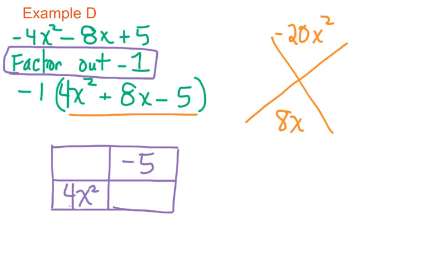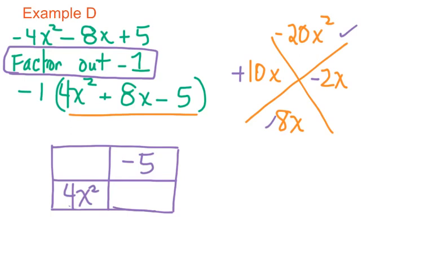I'm looking for two factors, which I know are going to be 10x and 2x. However, I need to put my signs in correctly, which means I've got negative 2x and positive 10x. I verify that by making sure everything is correct when I multiply and add, which indeed it is.